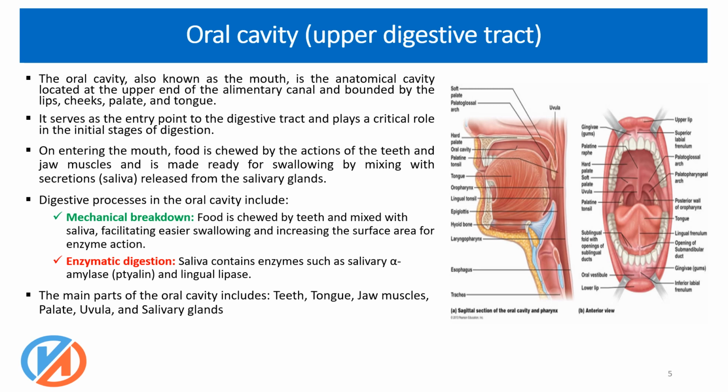Enzymatic digestion that happens in the oral cavities is done by the saliva. The saliva contains enzymes such as salivary alpha amylase and also lingual lipase. The alpha amylase is used to initiate the digestion of carbohydrates, and the lingual lipase is used to digest fat molecules inside our mouths.